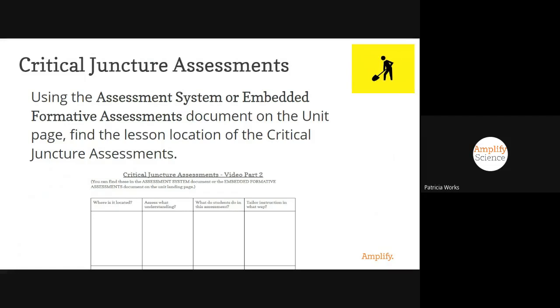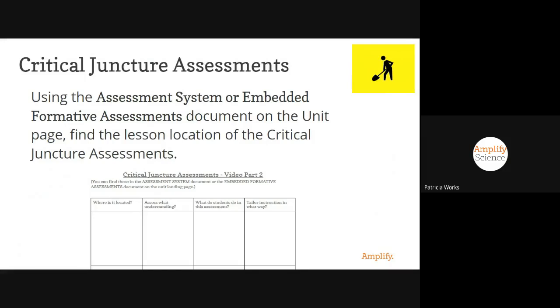Now we're going to take a look at the critical juncture assessments. So I'm going to ask you to open up the embedded assessments document in just a moment to look for the critical juncture assessments. So you'll pause the video and open that embedded assessments document that's on the main unit page.